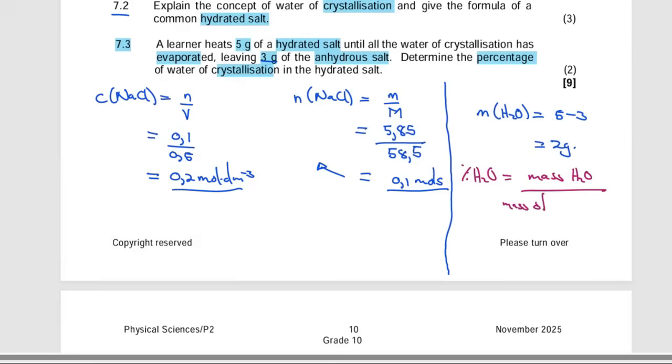Then for us to work it out, percentage of H2O is equivalent to 2 all over 5 multiplied by 100, right? So if we do our math there, we're going to get a value of what?